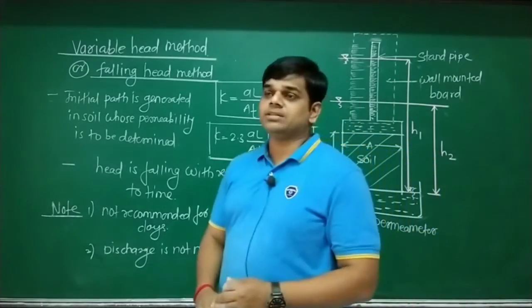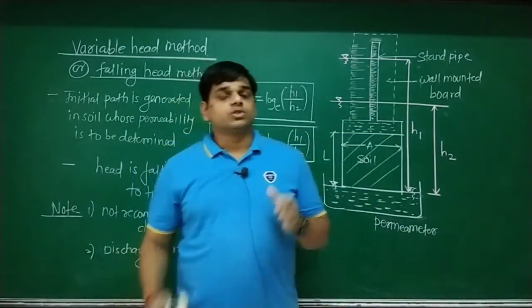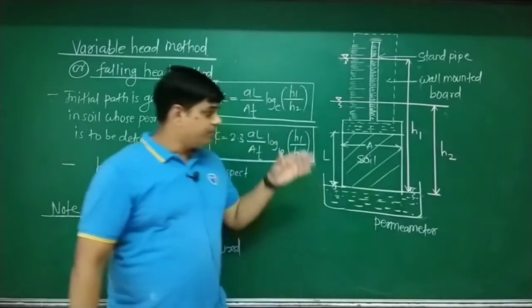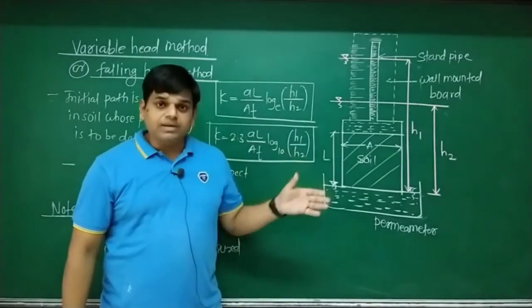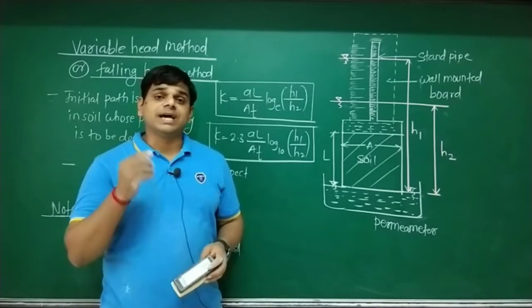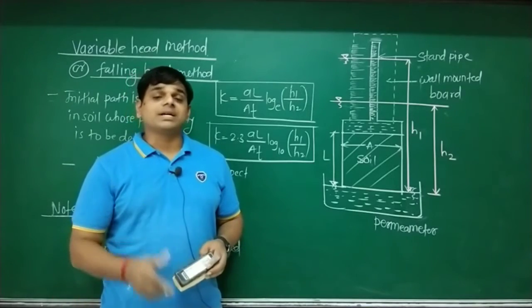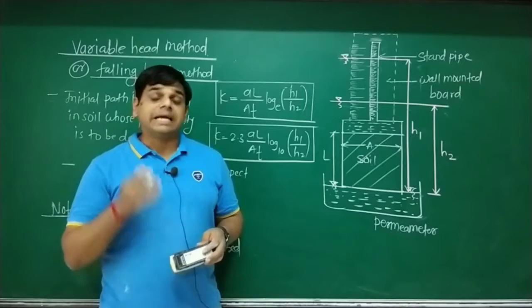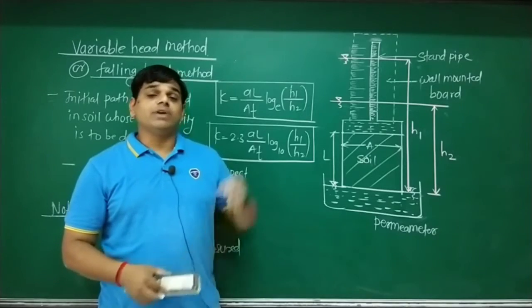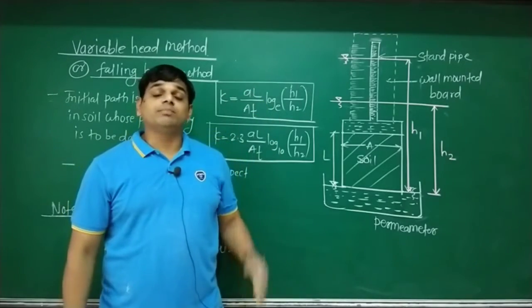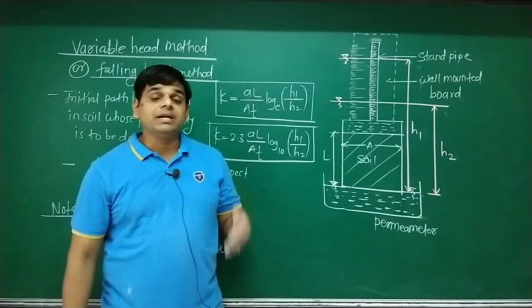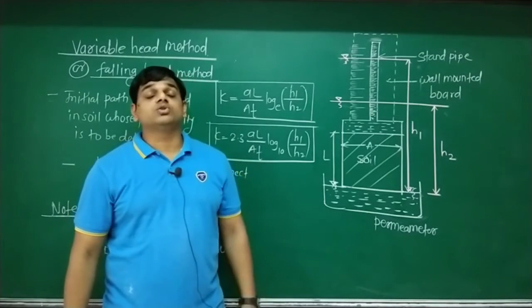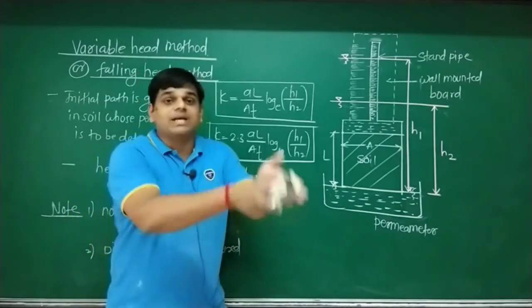What is the initial path? When we fill soil in a permeameter, the soil is filled by compacting, using the standard Proctor test process. If the soil is clayey or steep, then when we release the water for percolation, the water needs more time to create the passage in the soil mass through which it passes.